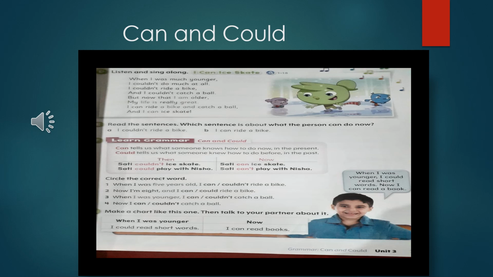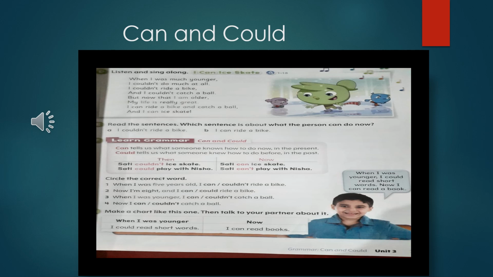When I was 5 years old, that is very clear they're talking about something in the past, so you would be using couldn't or could. If could is given in the sentence, you will circle could. If couldn't is given, you would circle couldn't. So when I was 5 years old, I couldn't ride a bike.